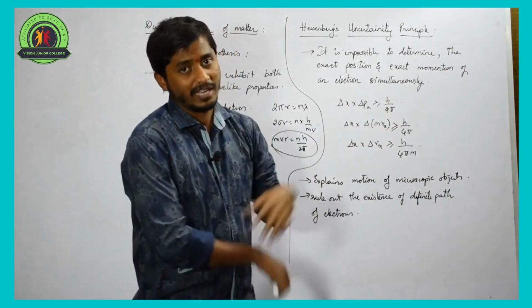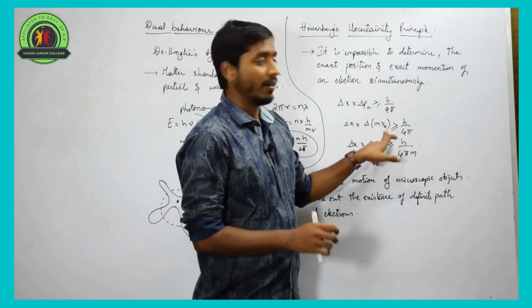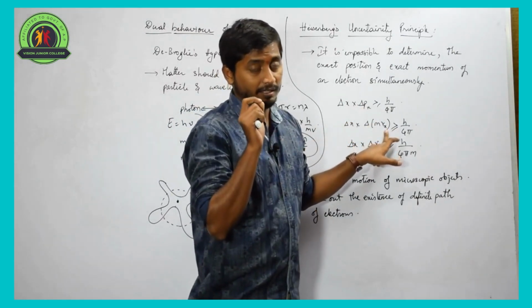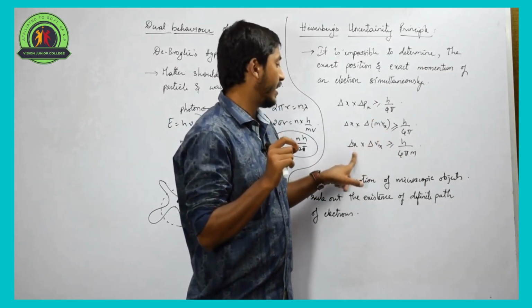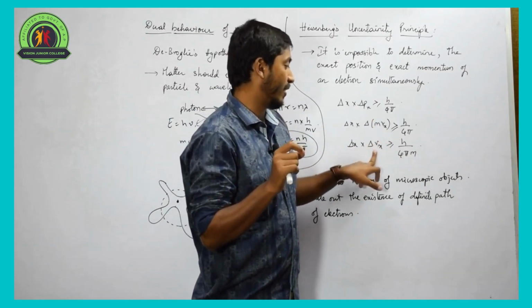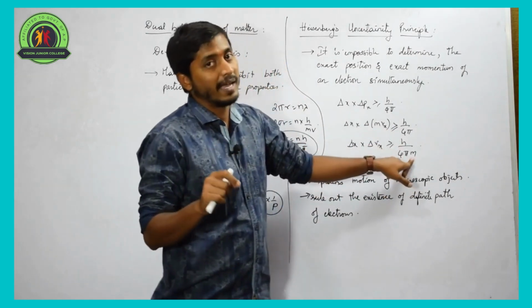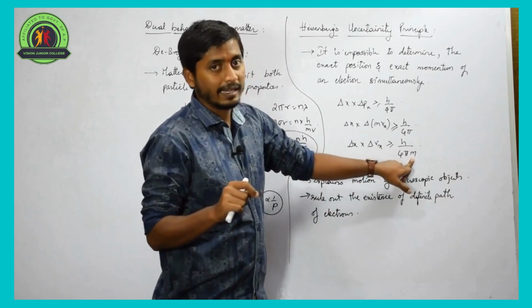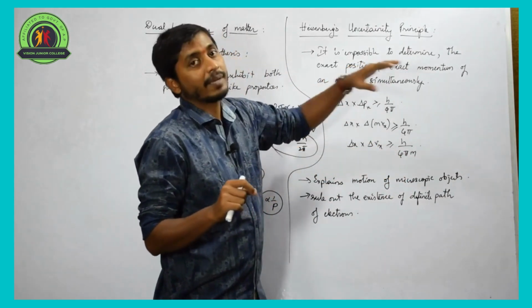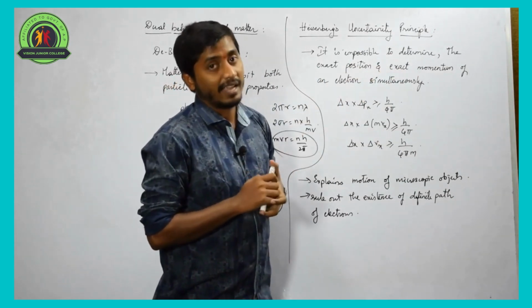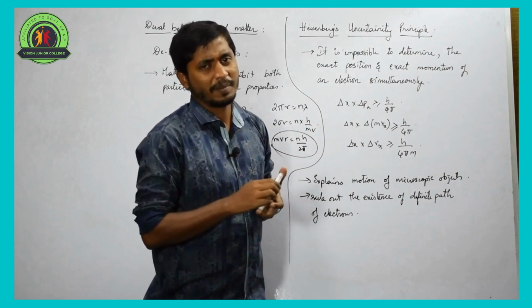Then the momentum is m into vx of a particular electron at a position x, which means he tells that the position and the velocity also cannot be determined, right, of a fixed mass. Is it clear? He tells that the position and the momentum cannot be measured simultaneously, of an electron or any subatomic particle.